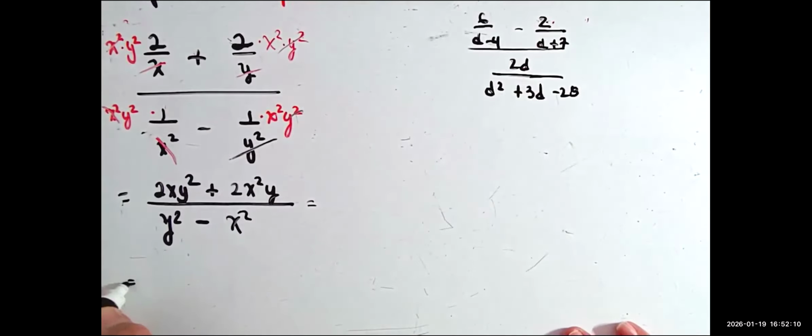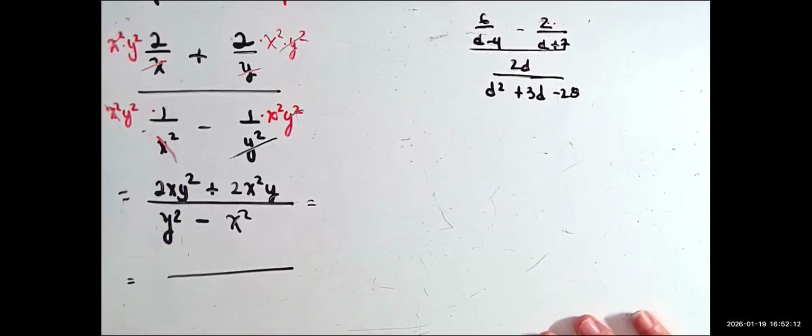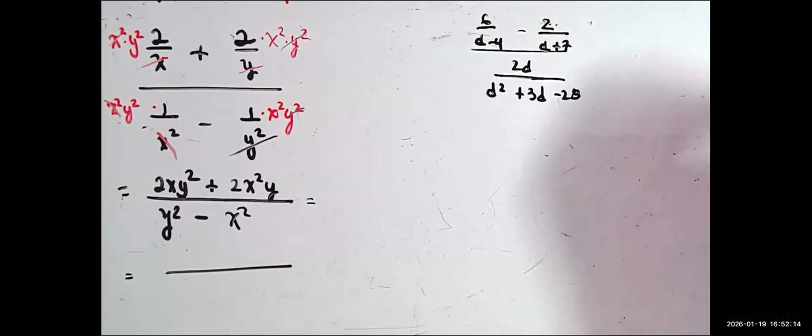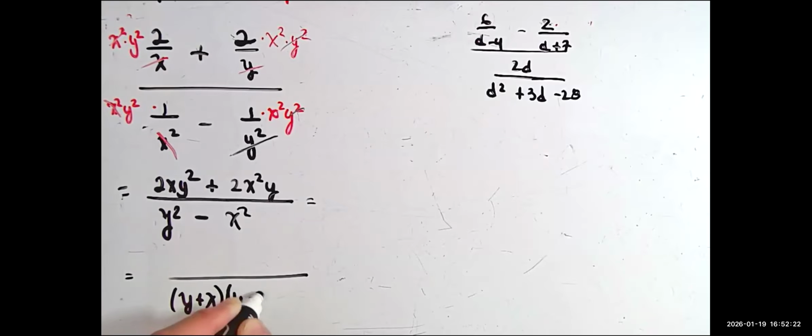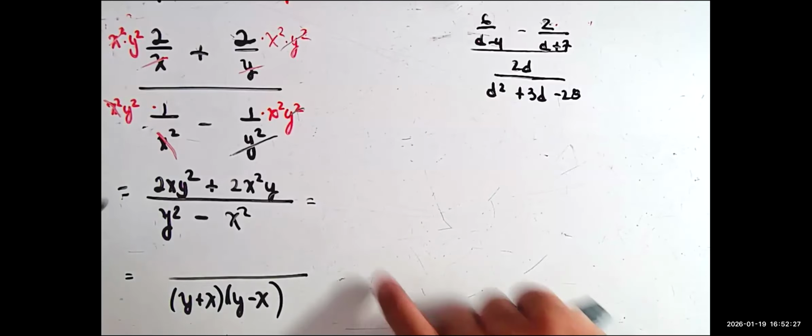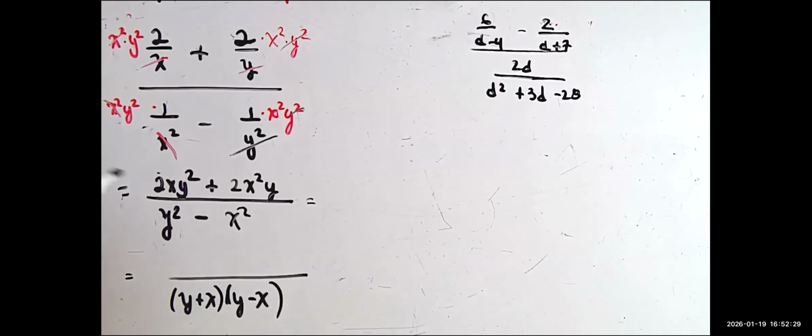Okay. So in the denominator, what do I have? We have a difference of squares, y squared minus x squared. So the denominator factors as y plus x times y minus x, difference of squares. Notice that we have a greatest common factor, 2xy.